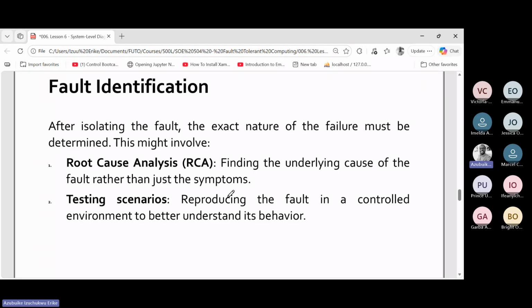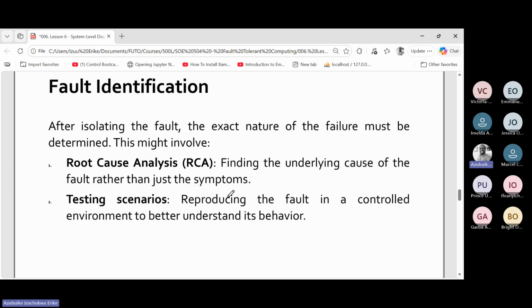If there was, you may be able to find out, okay, this thing was actually destroyed because of a power surge, a voltage surge into the system. So you now have an understanding of what actually caused the destruction of that particular component.